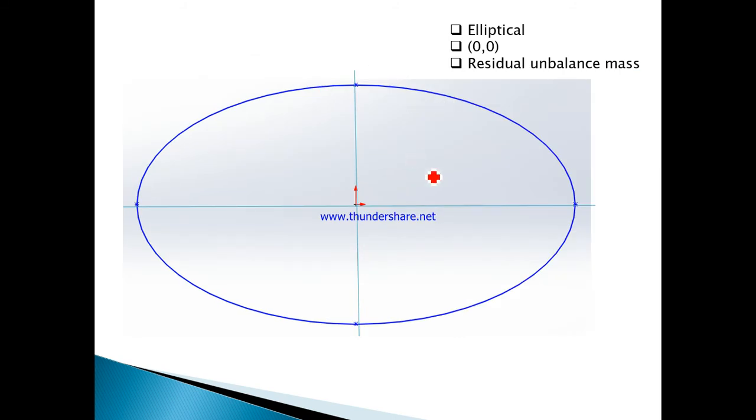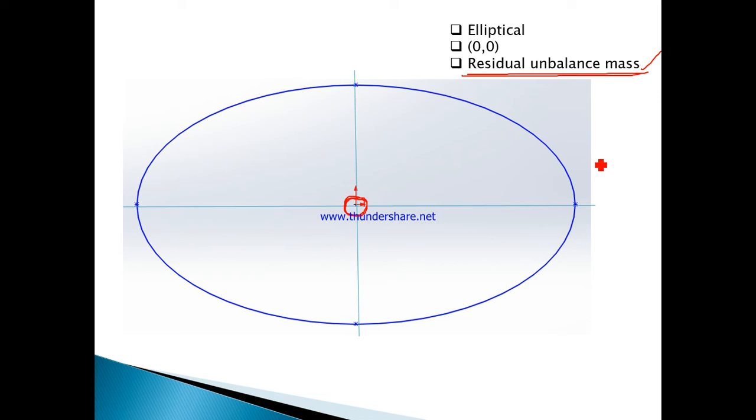Now we are coming to the next picture. If the orbit diagram is elliptical, but the center of the ellipse is at the origin, then we can tell there is definitely some residual unbalanced mass. How to predict the location and the amount of residual mass in the rotor, we will learn in the next lecture with analytical methods.